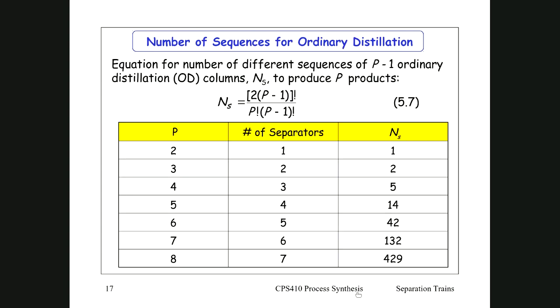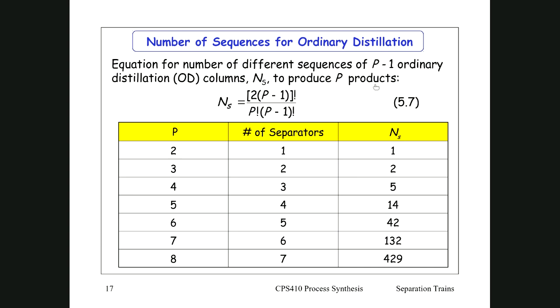Okay, now let's have a look at the number of sequences of P minus 1 ordinary distillation columns to produce P products. So if you've got 2 products that you need to produce, of course you need 1 distillation column, P minus 1 distillation columns.